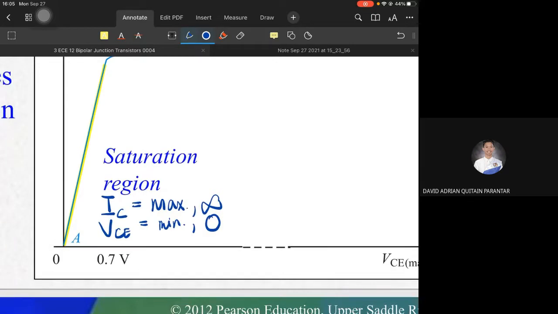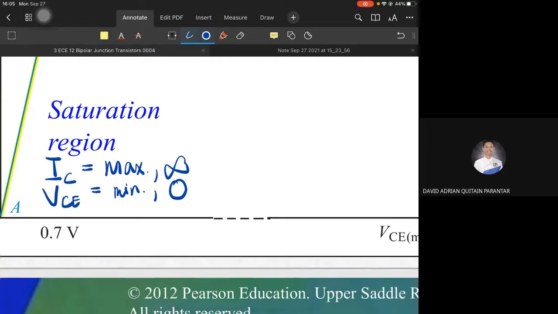Easy to remember: when we say saturated, it's like a sponge saturated with water. The transistor is now full of current, so the amount of current is maximum.